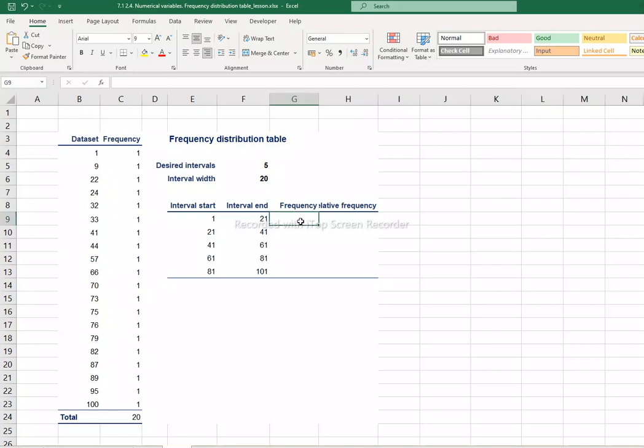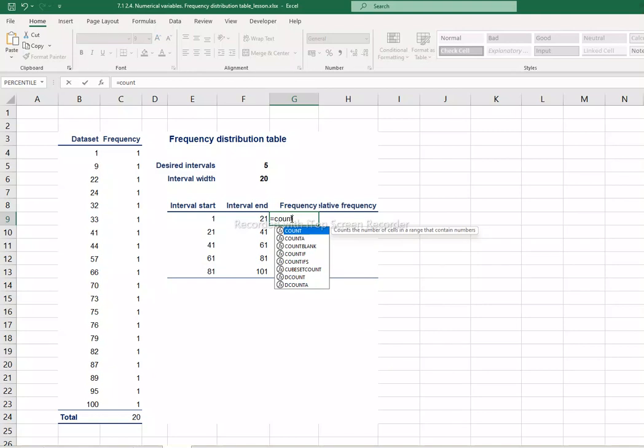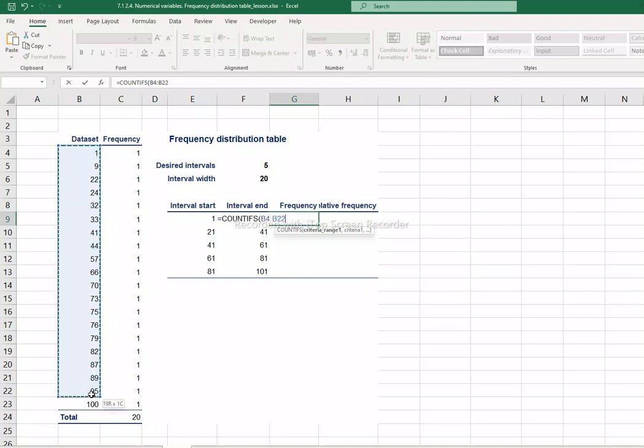So the frequency formula is equal to COUNTIFS, as we are going to have multiple criteria. First of all, we give the range, which is where we are going to find our intervals.